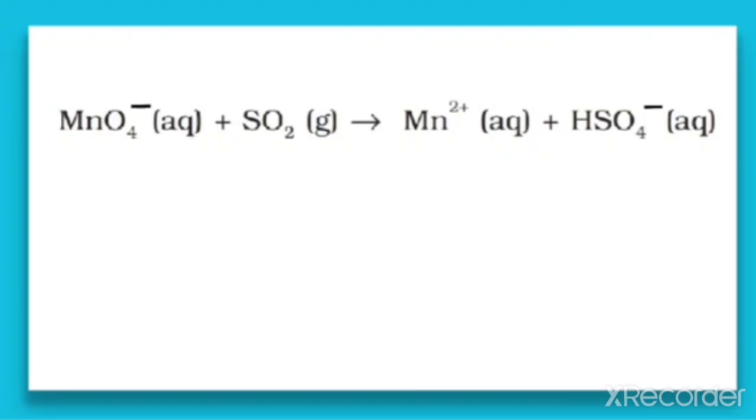First, you have to write the correct formula for each reactant and product, as it is already written here. Next, we have to write down the oxidation number for each. We start with the oxidation number of Mn in MnO4 negative.